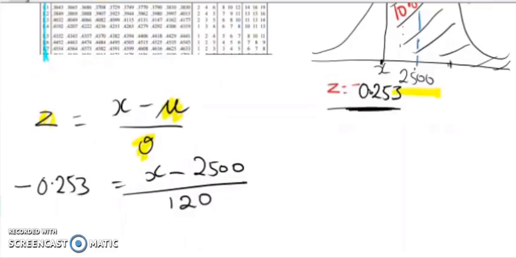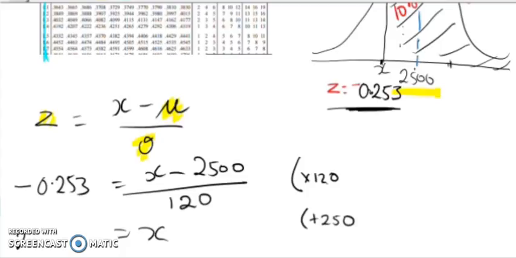Now, to get rid of the divide by 120, we're going to times by 120. The next thing we're going to do is get rid of that minus 2,500. So we're going to add 2,500, and then we'll be left with x on this side of the equation.